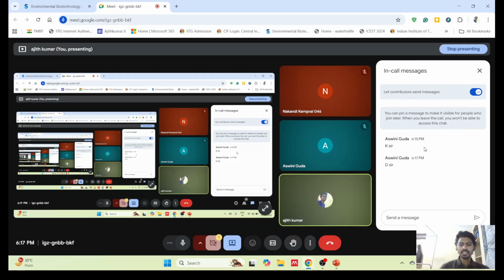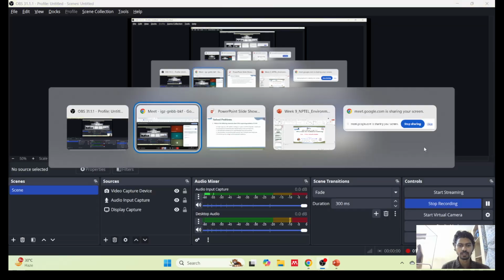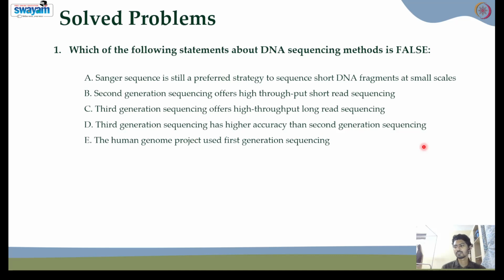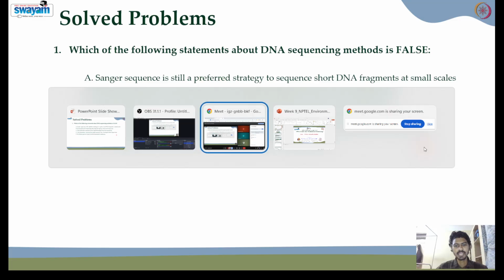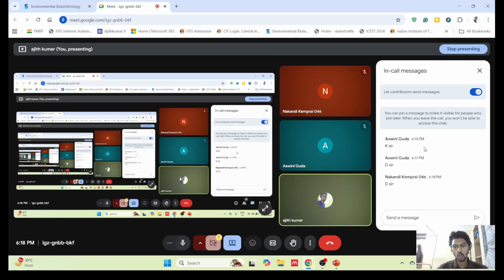Option D. Any other answer? Option D. Okay, Ashwini and Teddy.